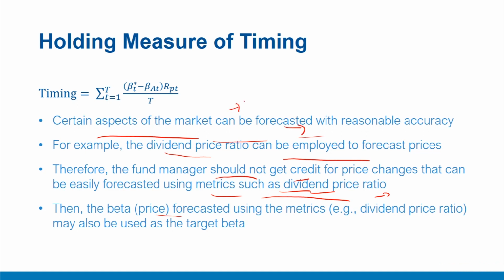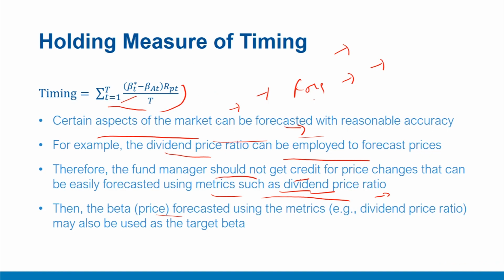The idea behind this kind of measure is that if there are deviations from target beta, these deviations reflect the future movement of the market, and are therefore an indication of some kind of timing by the manager.